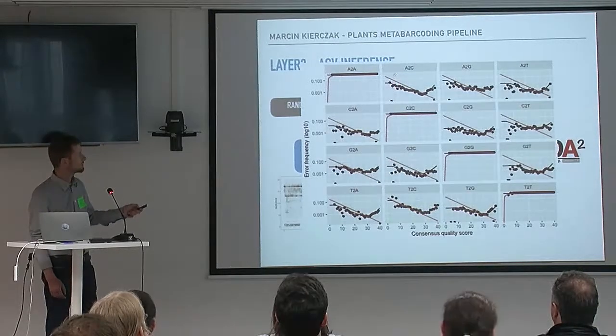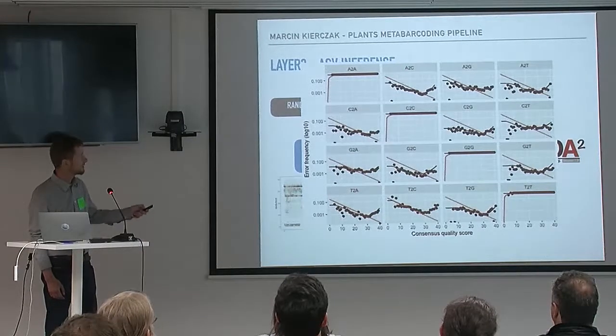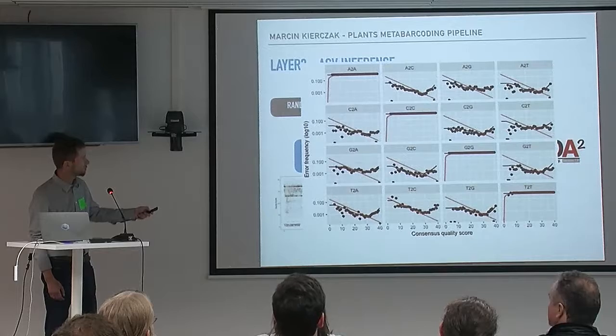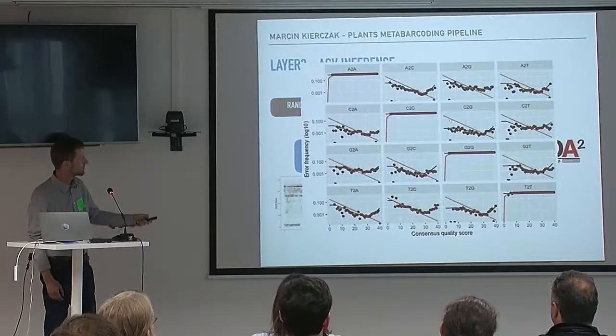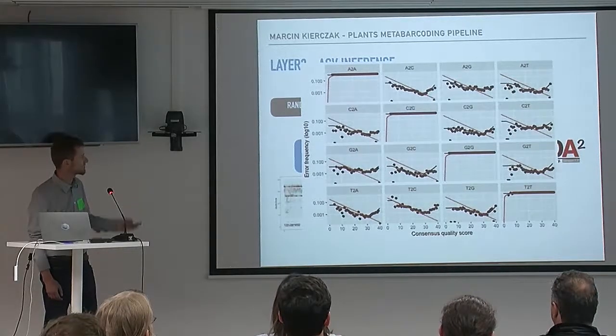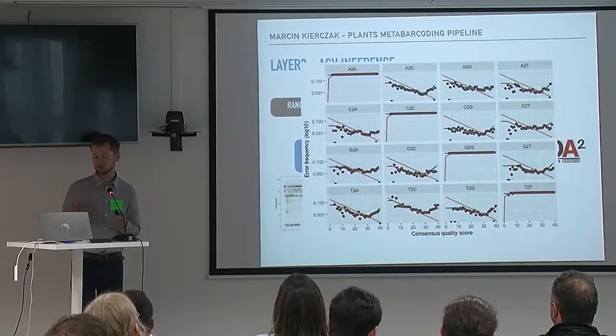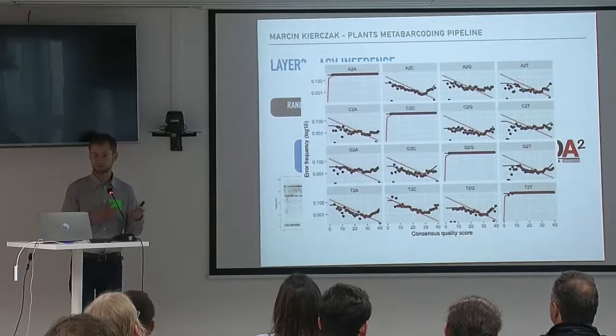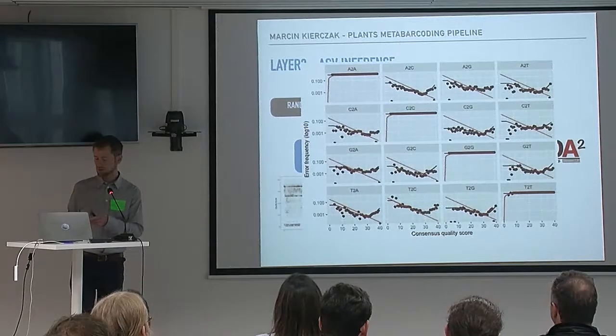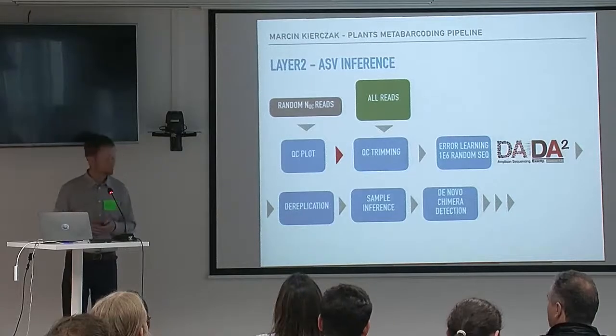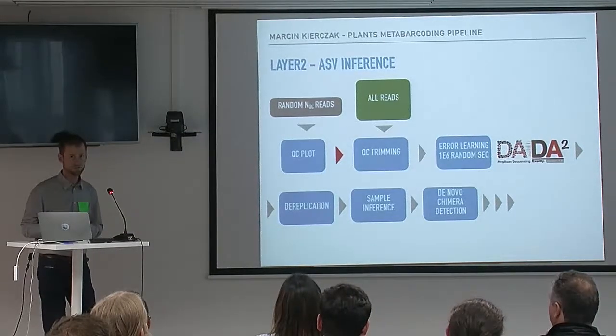So you can see, for instance, that the probability of transversion A to C for a particular quality class is at this frequency. So for your particular run, you actually know the probabilities of different types of errors, and you can use them to correct these possible errors to reach higher resolution.